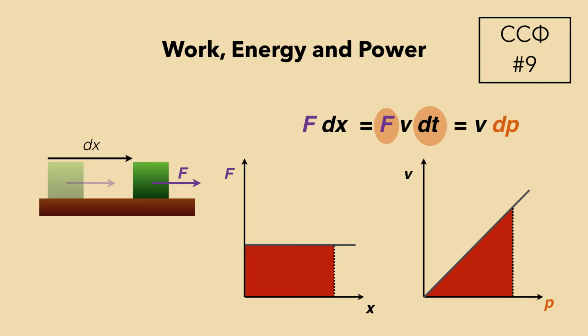If we plot force versus displacement, or versus position, and velocity versus momentum, then there's a geometric relationship between these two areas, because as we displace our object, force times displacement dx, so this little rectangle that gets added on the left, has the same area as velocity times change in momentum dp, that is the little trapezoid on the right.